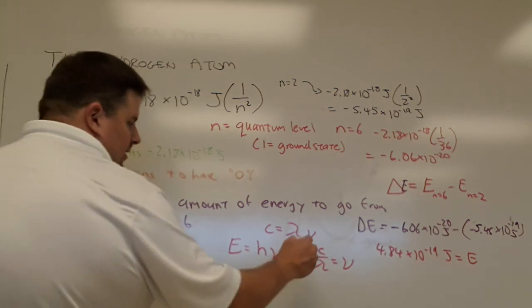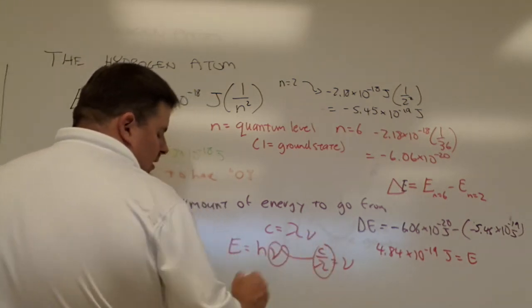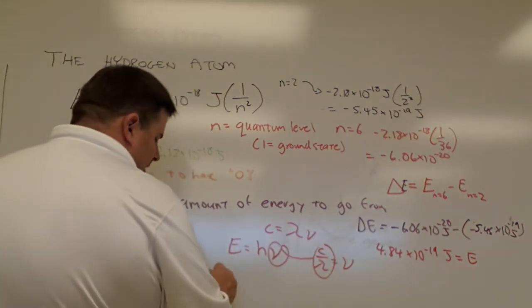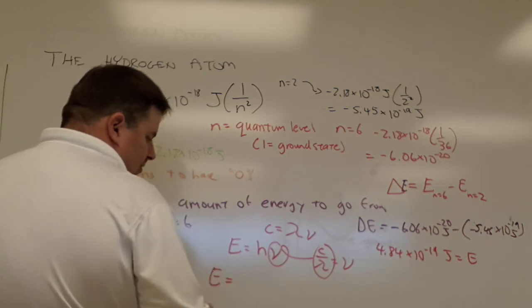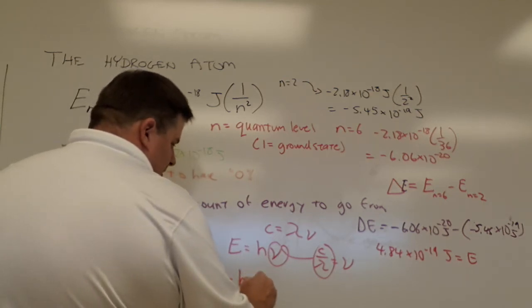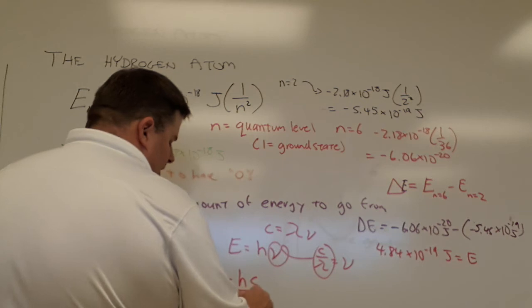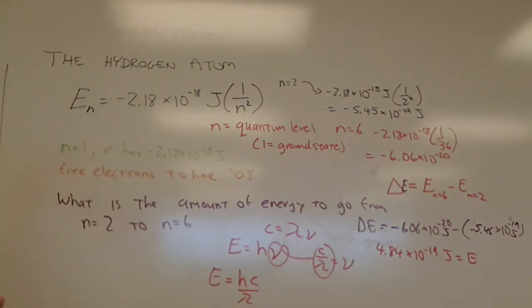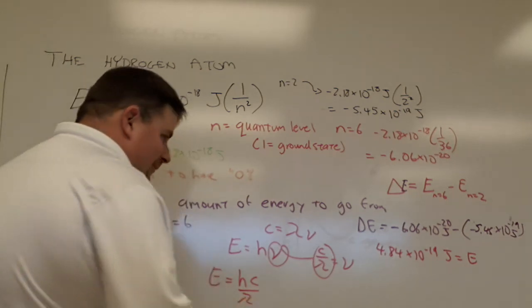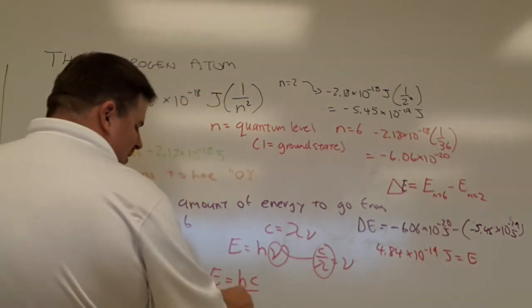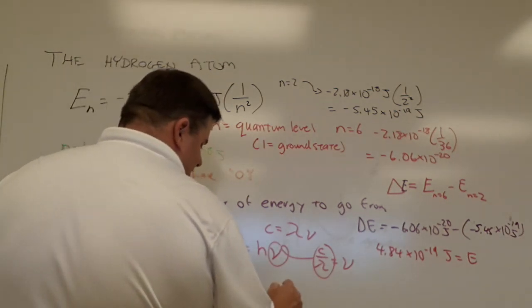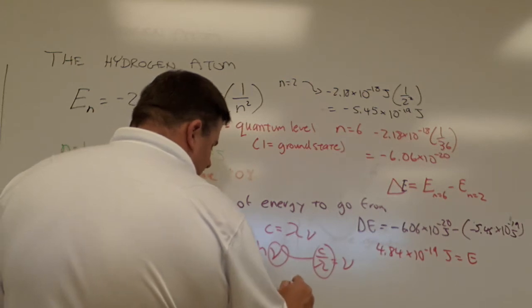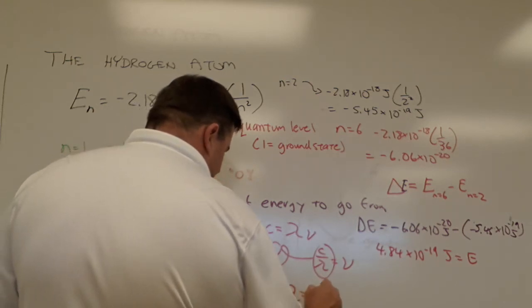I can now replace the frequency term, so E is going to be equal to h times c over wavelength. If I want to know what the wavelength of the light is, and I do because I'm Niels Bohr, but much more handsome, of course, I rearrange the terms.